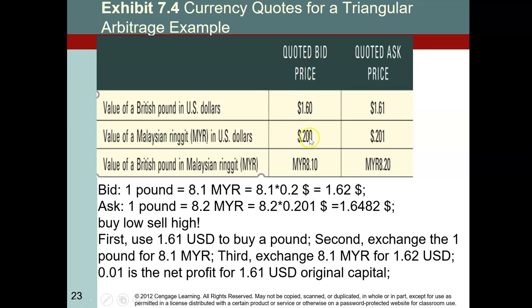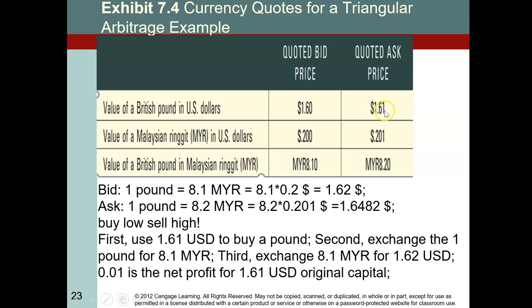From the second and third rows, we know that a British pound is 8.1 MYR, and because each MYR is worth $0.2, we multiply these two numbers. So for the bid price, 1 British pound equals $1.62, which is higher than the first row, where 1 pound equals $1.6.